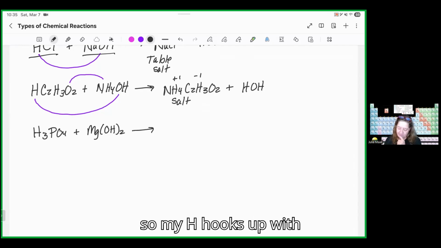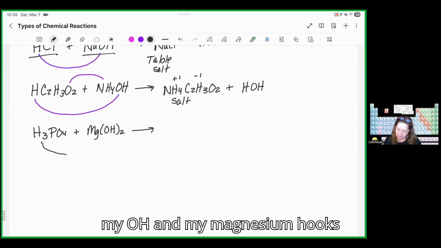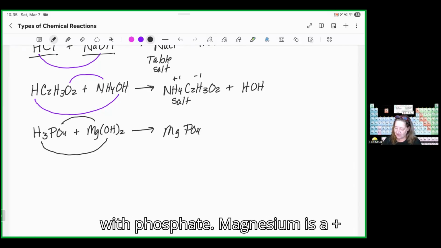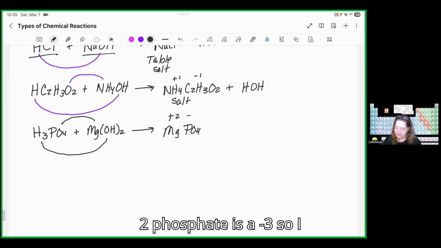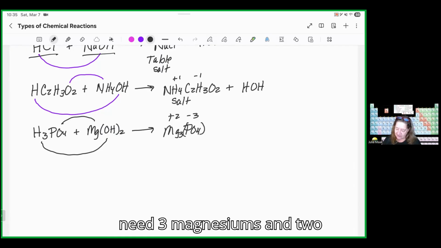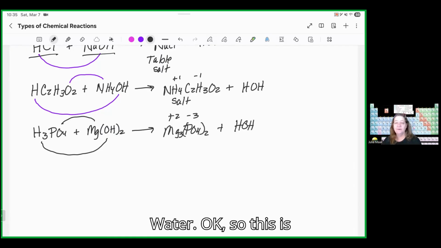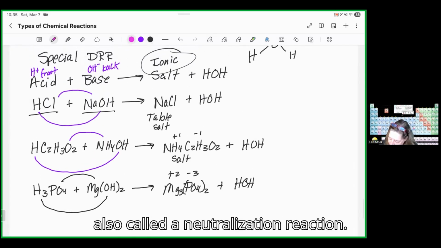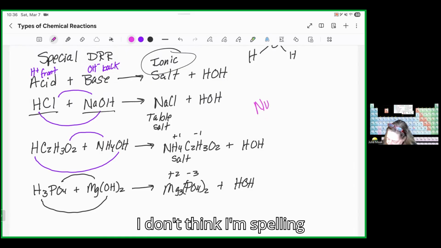My H hooks up with my OH and my magnesium hooks up with my phosphate. Magnesium's a +2, phosphate's a -3, so I need 3 magnesiums and 2 phosphates, and I get water. This is also called a neutralization reaction.